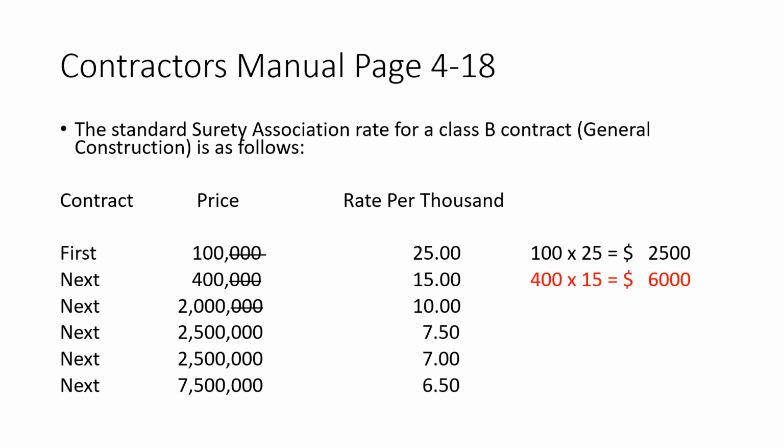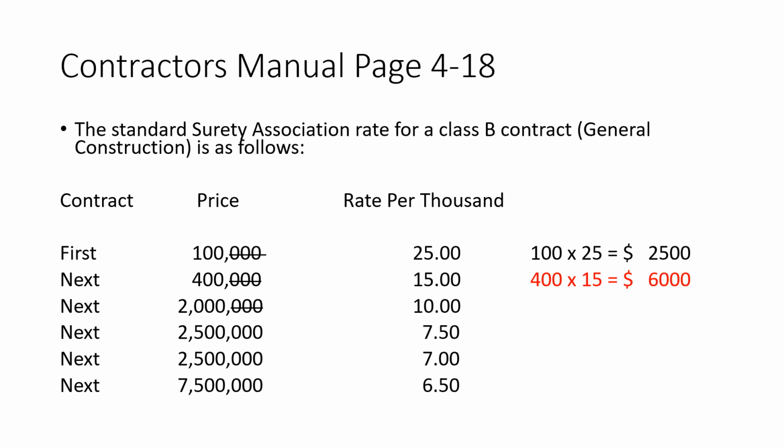Okay, so we have now accounted for the first $100,000 of the bond, and now we've accounted for the next $400,000 of the bond. So the way you have to think about this is that we have now calculated the cost of the first $500,000 of the bond.